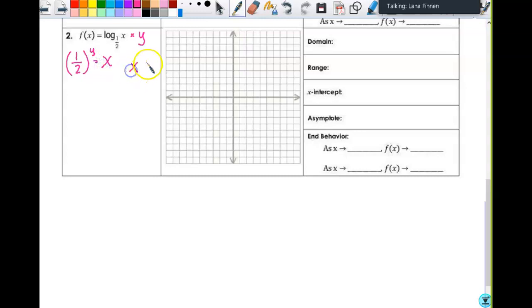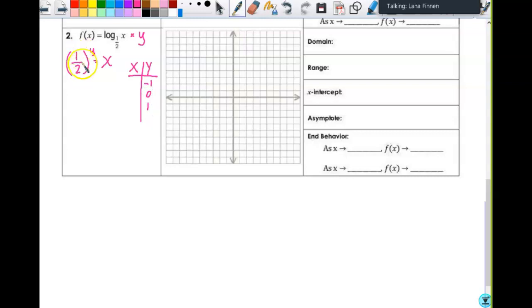Then I'm going to do my anchor points, but I'm actually going to make a little t-chart because we're going to be choosing numbers for y instead of x, because we always choose them for x. And just so I don't get them backwards in my head, it's not a bad idea to write them down. The y values we're going to choose every time, negative 1, 0, and 1.